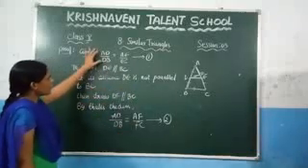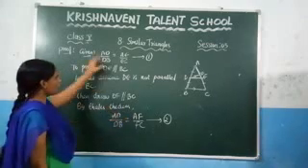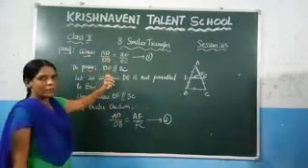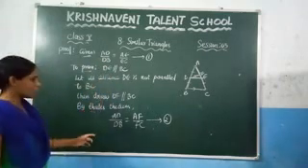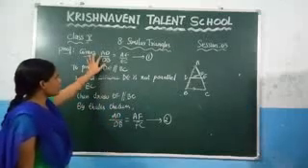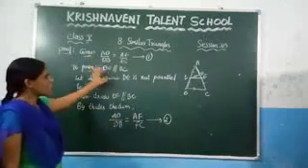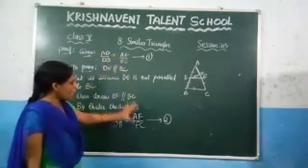So here we got AD by DB is equal to AF by FC, and they have given AD by DB is equal to AE by EC. By comparing these two equations, clearly you can observe that the LHS part is same. Here AD by DB is there, here also AD by DB is there. Since the LHS parts are equal in both the equations, you can equate the RHS part.